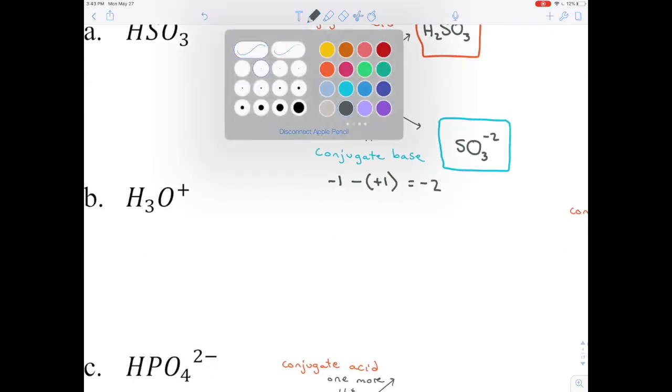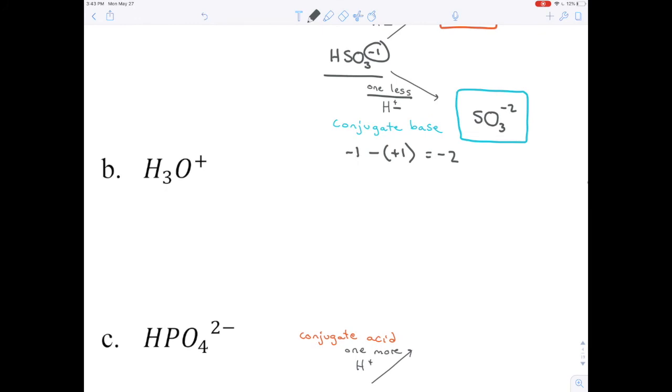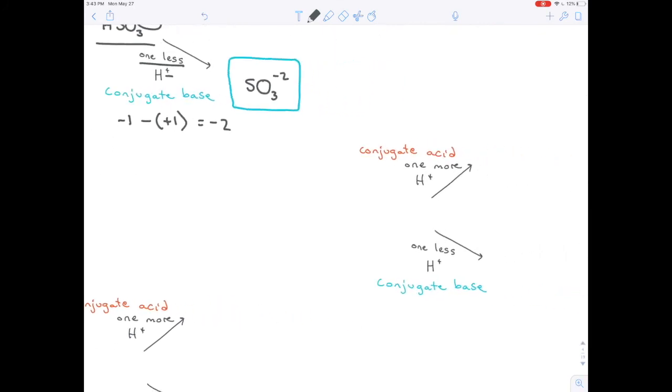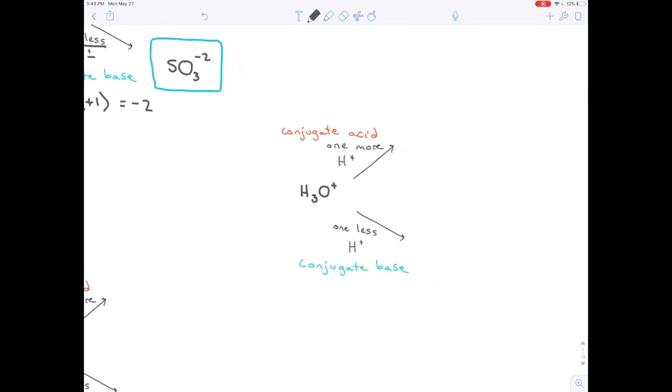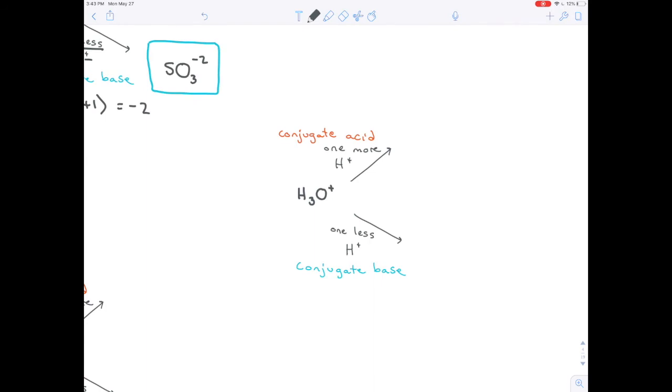Okay. Let's try to see if we can find the conjugate acid and conjugate base for this new molecule, H3O+. So we're going to write that here, H3O+. First, to draw the conjugate acid, we want to add an H and add a +1 to the charge. H3O plus has 3 H's. If we add an H, then we would have 4, H4O.